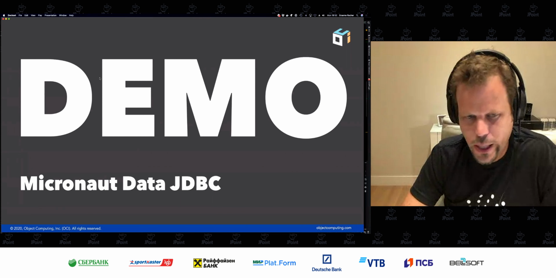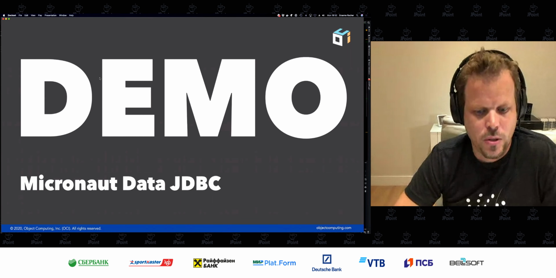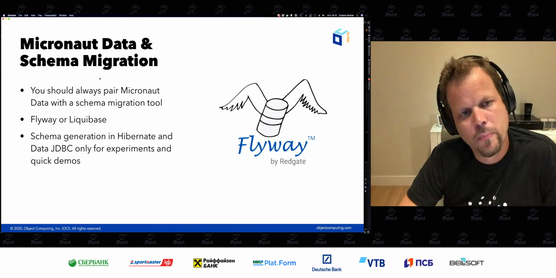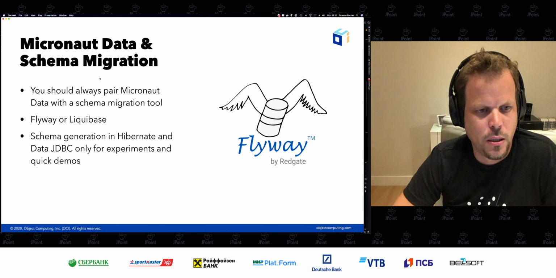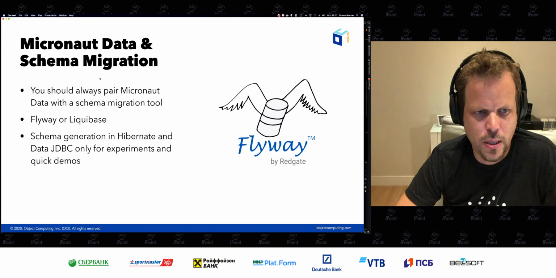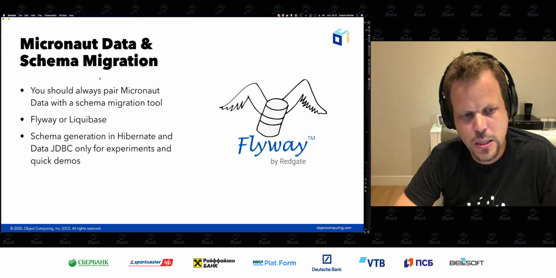So that was a lot of demo already, and I want to make sure that I have enough time for questions. Like I said before, regarding Micronaut Data and schema migration, you should always pair Micronaut Data with a schema migration tool, whether that be Flyway or Liquibase.